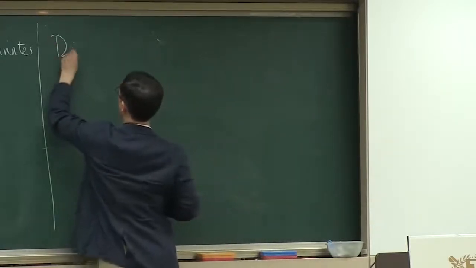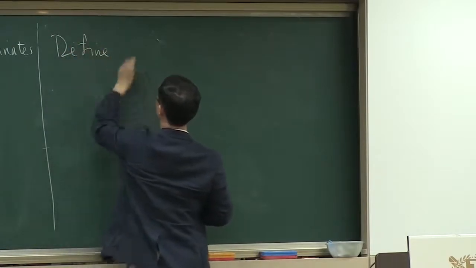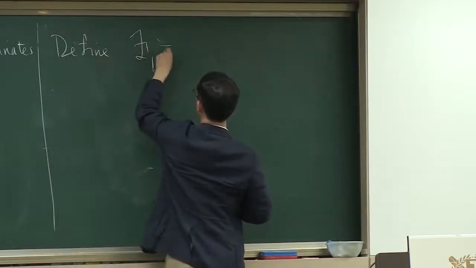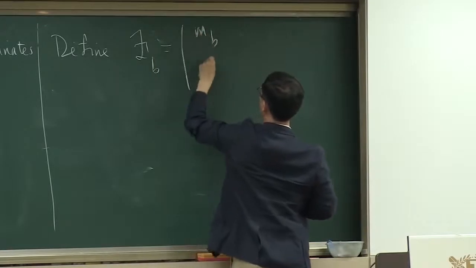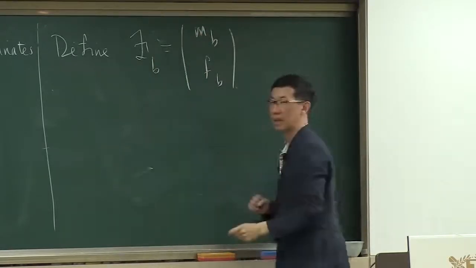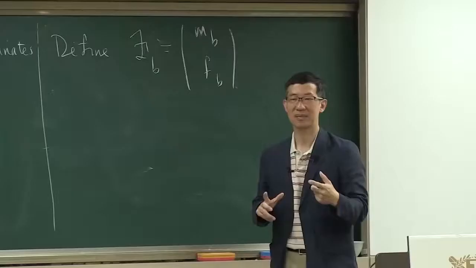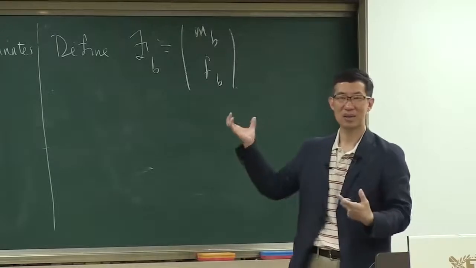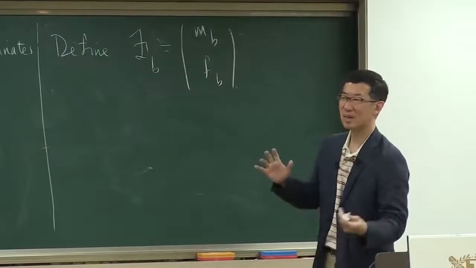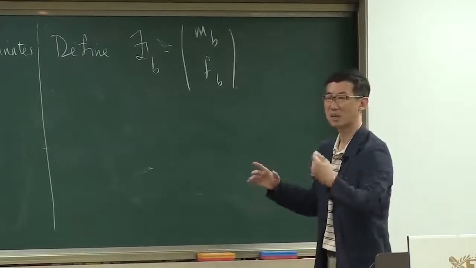Okay. So we're going to define F sub B as a single 6-dimensional force. Okay, so we need a name for this 6-dimensional thing. So let's call it a spatial force.